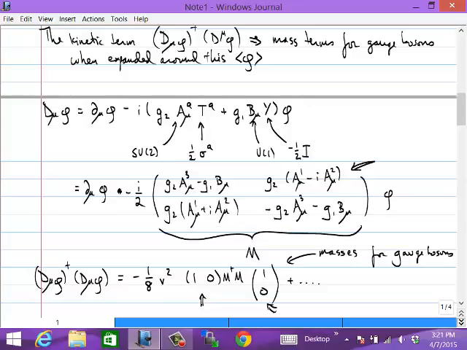But the commutator with the off-diagonal terms is non-zero. That's why the W bosons have charge. And because of charge conjugation symmetry, if you've got a particle with a plus charge, you also have to have a particle with minus charge. That's why the W bosons appear in a pair, one with charge +1 and one with charge -1.